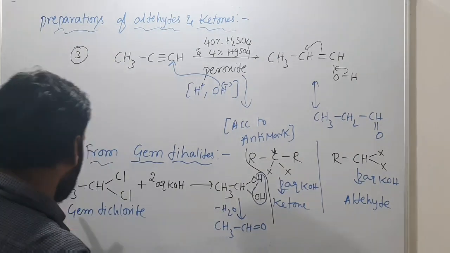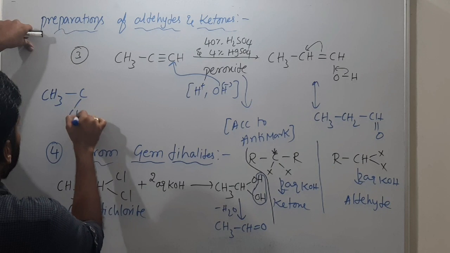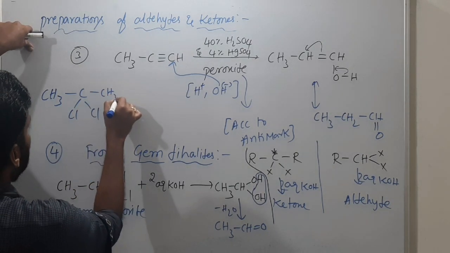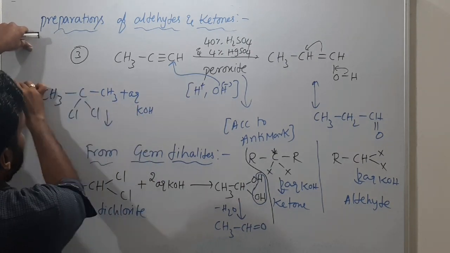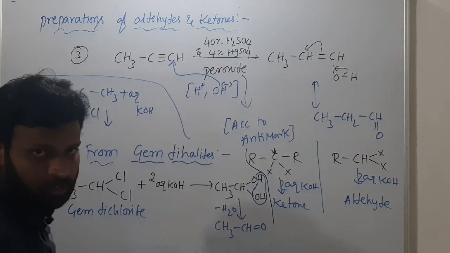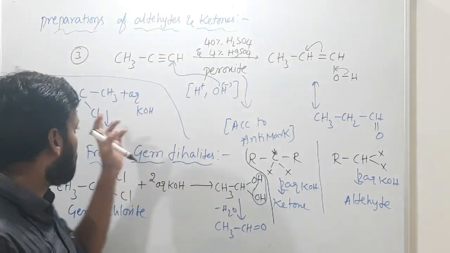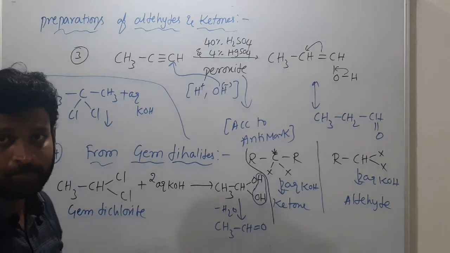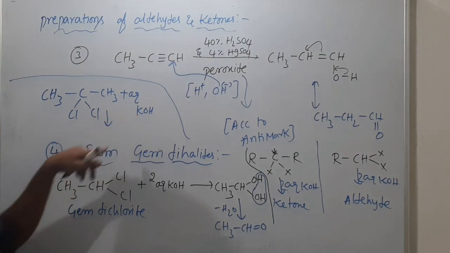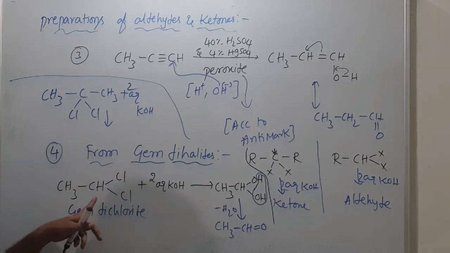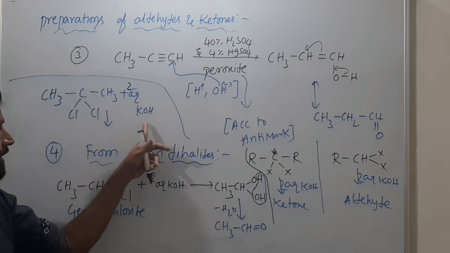Same, if you take this one, write down the product: CH3 and Cl here, Cl here and Cl here. When you take aqueous KOH, what is the product? Again, send the product to me in our WhatsApp group. Just as I gave the ozonolysis, along with that this also you have to send. And this you finish with 2 moles of aqueous KOH, and here you have aldehyde, and here you will get ketone.